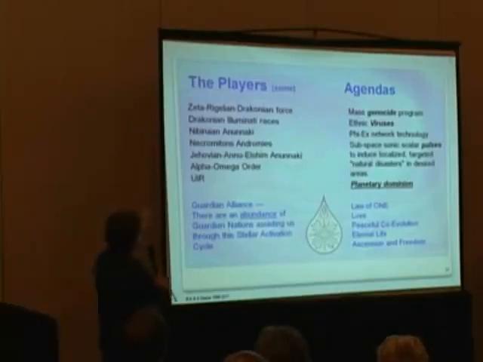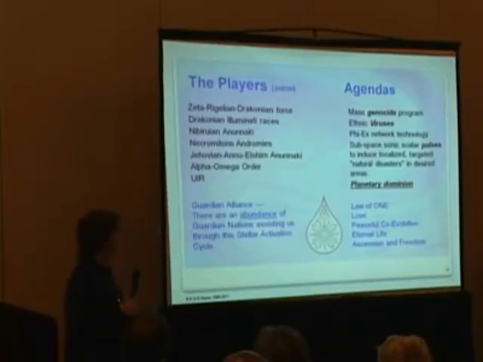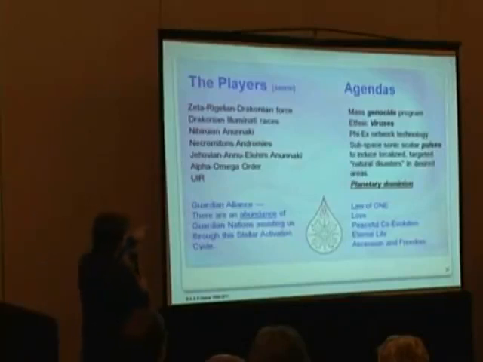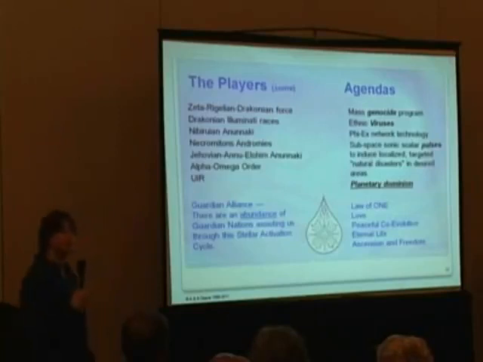So what is the agenda of the players on the fallen angelic side? Well, their agenda is mass genocide through ethnic viruses and planetary dominion. The Guardian Alliance, there are an abundance of guardian nations assisting us through the stellar activation cycle. There is no way I could even begin to list them.